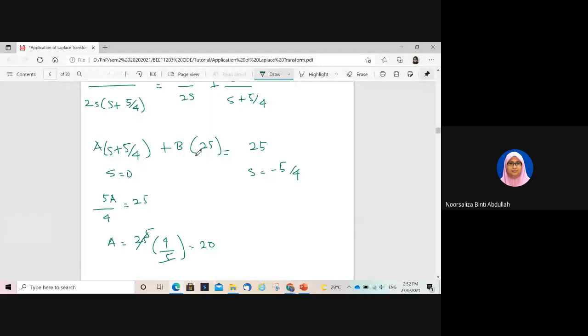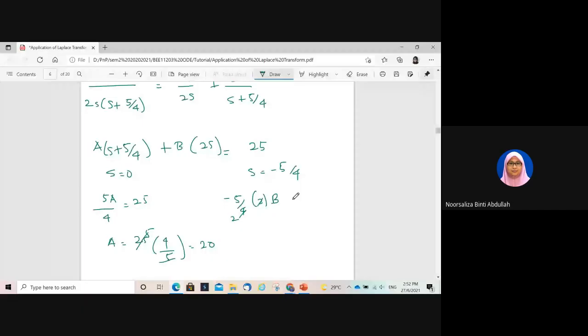Okay, and B equals to minus 5 over 4 times 2B. This one is equals to 25 and B equals to 25 times with minus 2 over 5, minus 10.